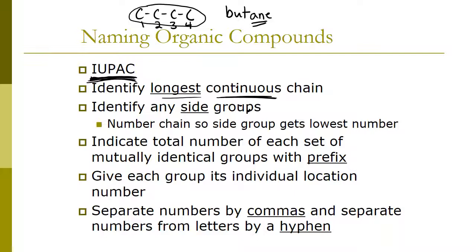butane. Now the other example that we looked at, still with 4 carbons, but this one had a branch, looks something like this. Now if we try to find the longest chain, we say, oh, it's got 3 carbons in its longest chain. Let's number it. On this one, it doesn't matter if you go left to right or right to left. The side group, either way, is off of carbon number 2. That side group right here has just 1 carbon, and 1 carbon we refer to as methyl.